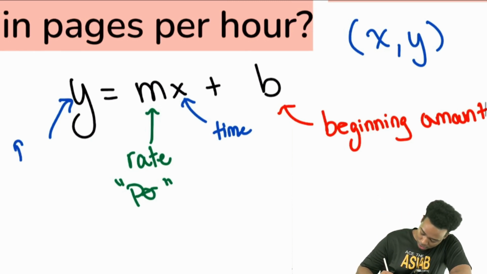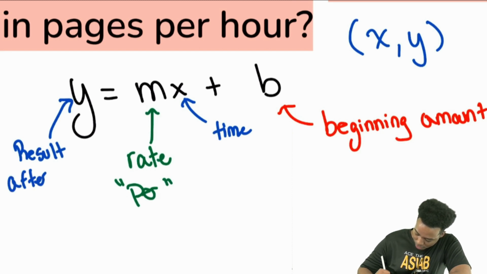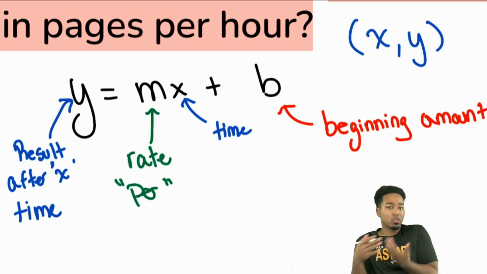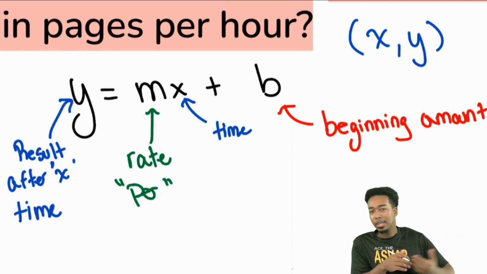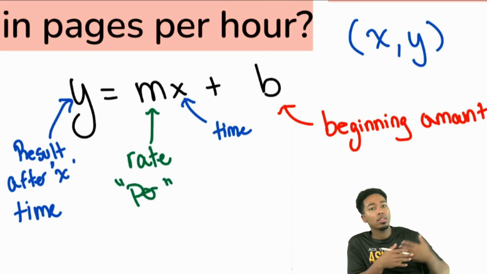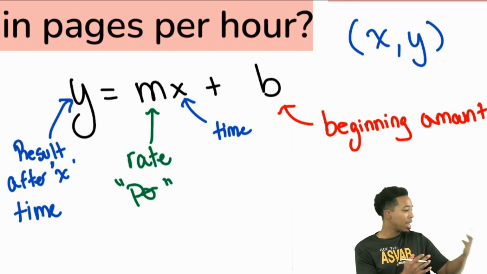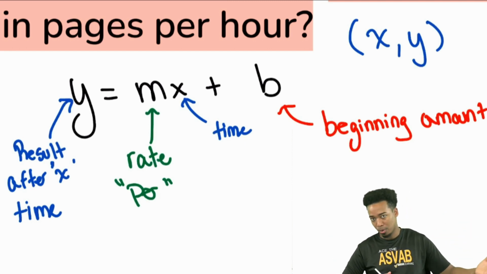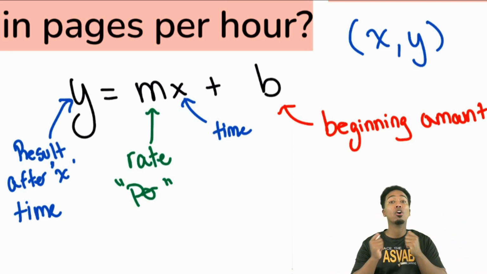So for example, if X represents minutes, then Y would be the result after that many minutes. If X represents hours, then Y would be the result, the page number or the miles or whatever, after that many hours. So X and Y are connected.